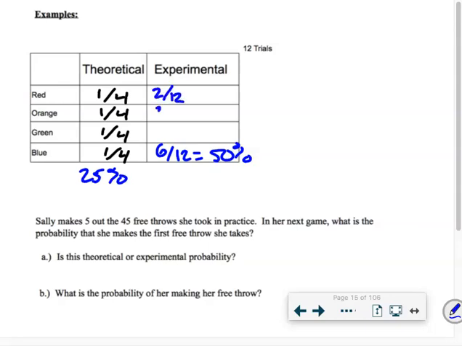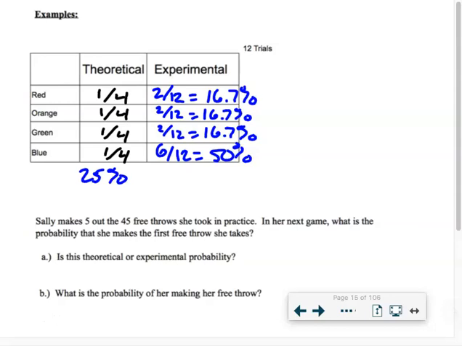The rest of them had 2 out of 12, which is about 16.7% for each of these. So in my experiment, I thought that I would get about 4 of each, right? 25%. But I got way more blue than anything else.